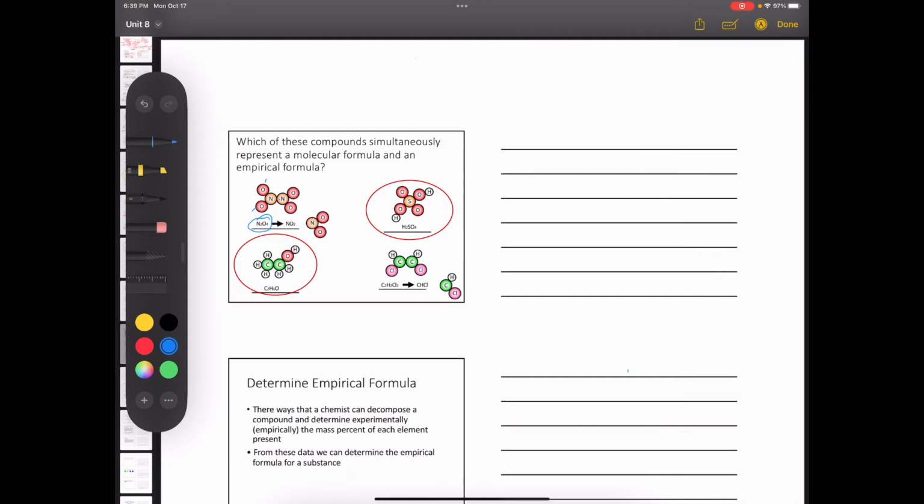Can I simplify the N2O4 into a more simple way of presenting the count of nitrogen and oxygen for that chemical formula? The answer is yes, because I can divide both by 2 and I will have NO2. So this is the molecular formula, and this one is the empirical formula because this is the simplest ratio that represents the count of nitrogen and oxygen.